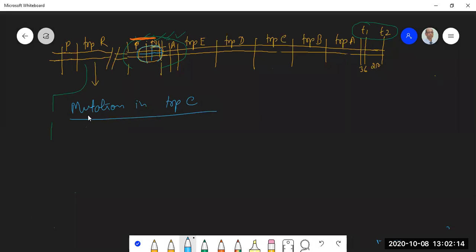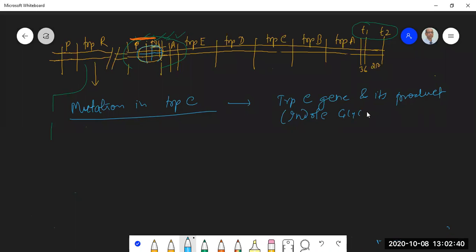What will happen? Only the trpC gene and its product will be affected. What is its product? Its product is the enzyme indole glycerol phosphate synthetase.